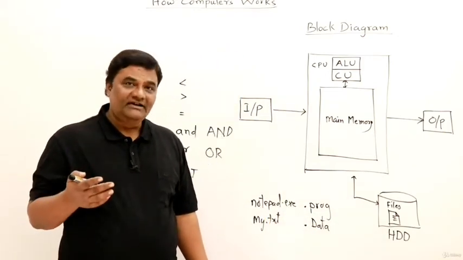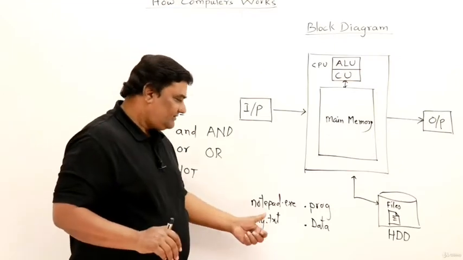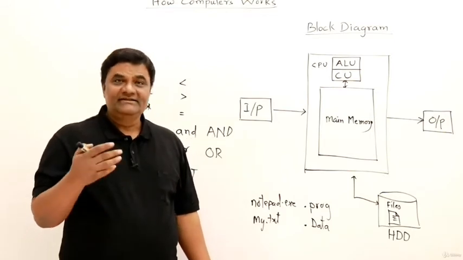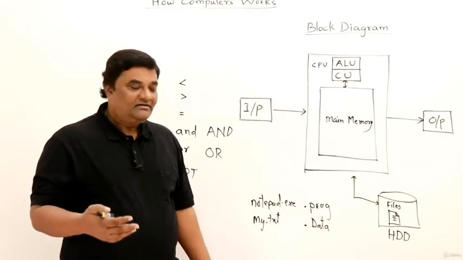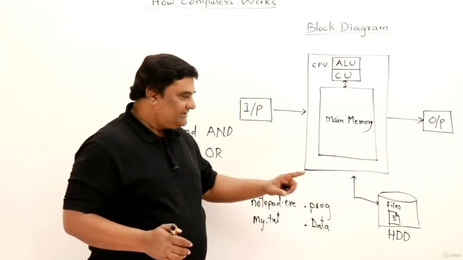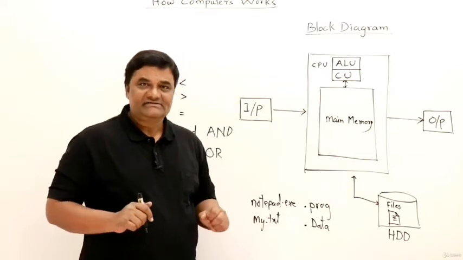If you have audio files or music files or video files, all those come under data files. And if you have a music player like VLC player or media player, those come under program files. So we keep our programs inside the hard disk, and this is permanent storage. This will be larger in size.